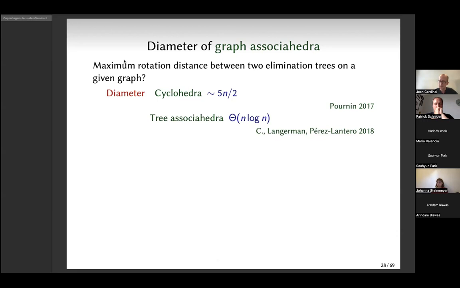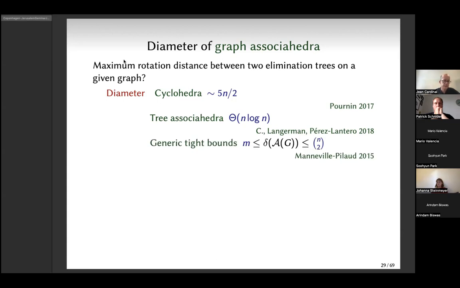So it can be that for some trees, the maximum rotation distance between two elimination trees on this tree is as large as n log n, strictly superlinear. And you need an example, right? Because it's the lower bound that was open, and we crafted a little reduction to construct those examples, and we now have a tight bound up to a constant factor.